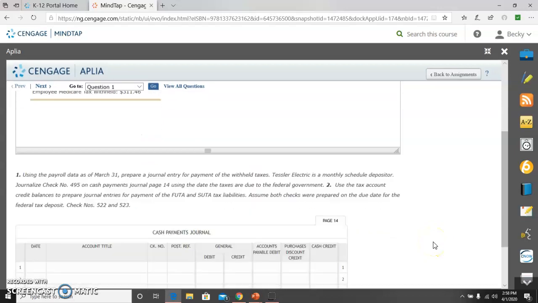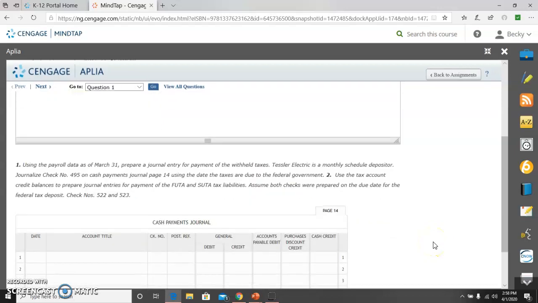And then the directions here say use that data and prepare the journal entry for payment of the withheld taxes. Tesla Electric is a monthly scheduled depositor, which means they have to do FIT, Social Security, and Medicare by the 15th of the month after the month ends.